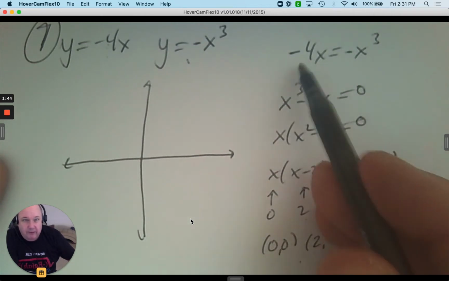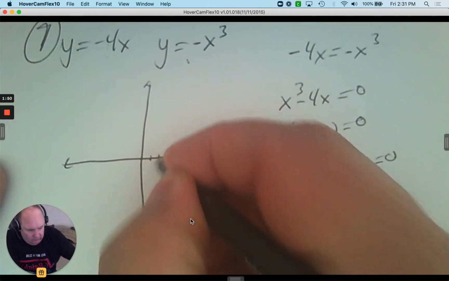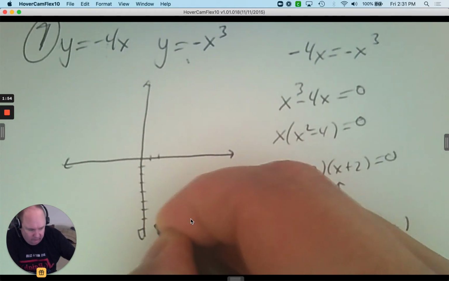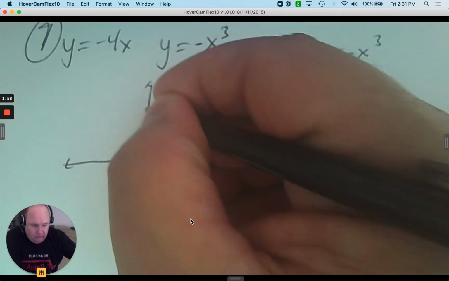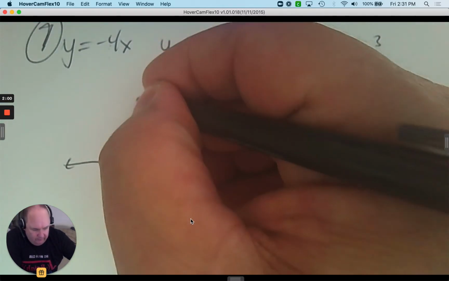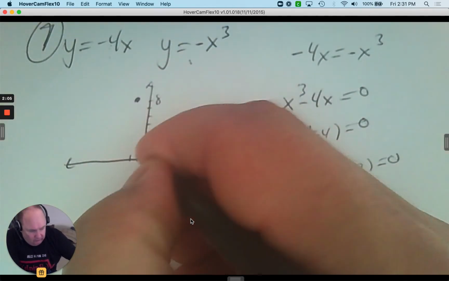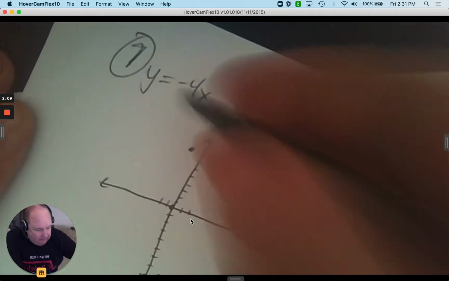So I first made them equal to each other and found where they intersect. Now I have some points to work with in the graph. If I go to 2 and negative 8, 1, 2, 3, 4, 5, 6, 7, 8, there it is. If I go to negative 2, 8, 1, 2, 3, 4, 5, 6, 7, 8, there it is. And then 0, 0, I have that as well.